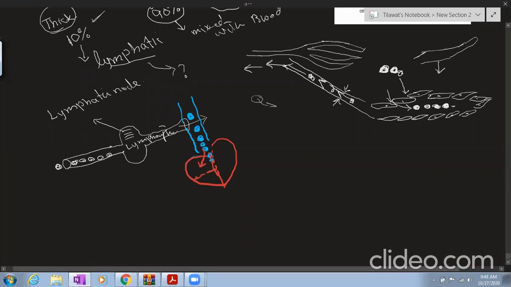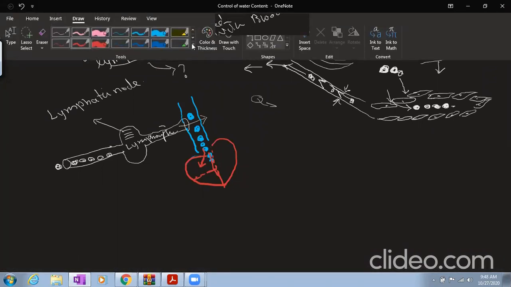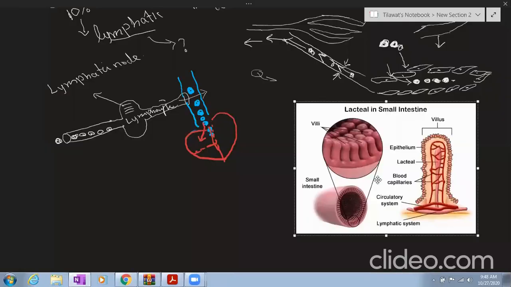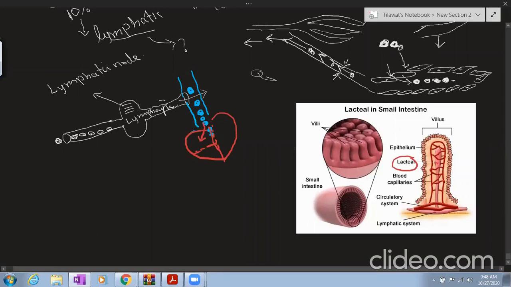One thing more I just want to clear here: the lacteal, or lacteal lymphatic capillaries, right? What is the function of that? You can see here, these lacteal lymphatic capillaries are absorbing fat from your small intestine.